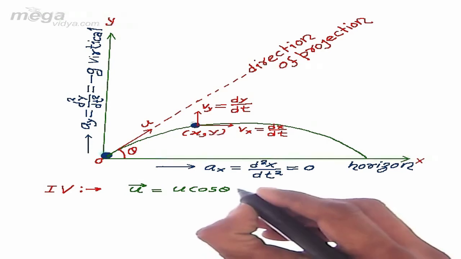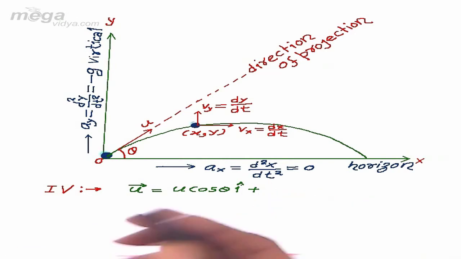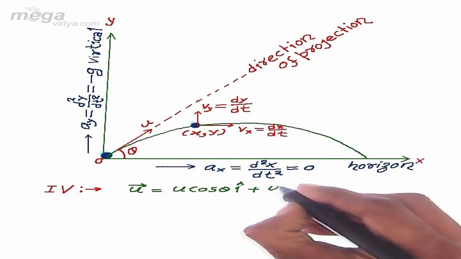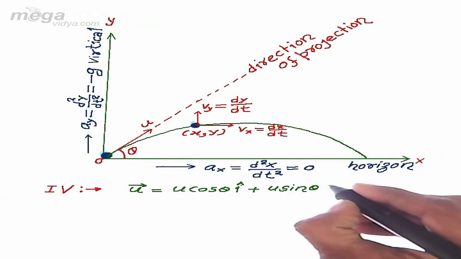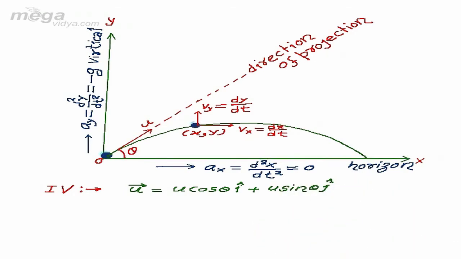One more component of velocity is u sine theta. Of course, it will have y direction, so I have put j cap as the unit vector. So this is the vector representation of its initial velocity.